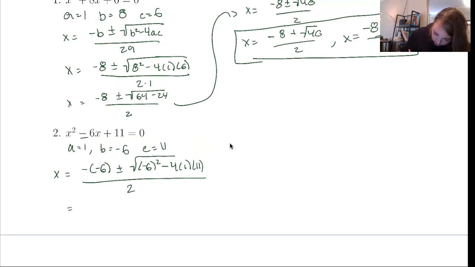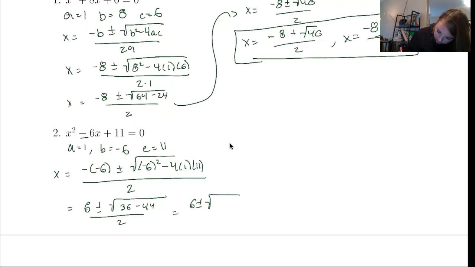So that's going to be 6 plus or minus the square root of 6 squared, which is 36, minus 44, over 2. That would give me 6 plus or minus the square root of negative 8. But now I have a negative under my radical.